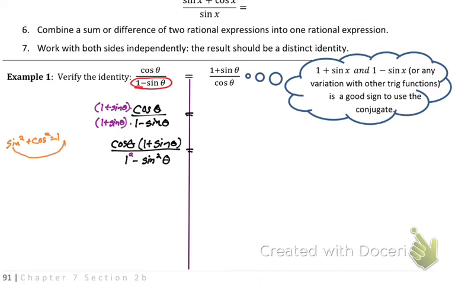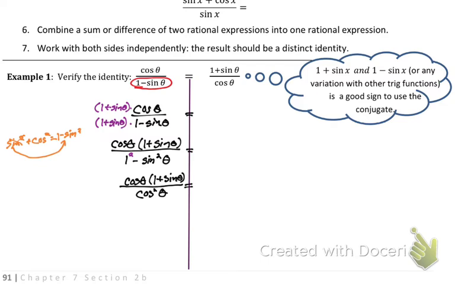If I move the sine squared over using subtraction, I have cosine squared equals 1 minus sine squared. So we now have cosine theta times 1 plus sine theta all over, instead of 1 minus sine squared, we're going to replace that with cosine squared theta.